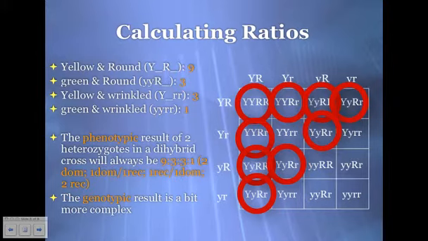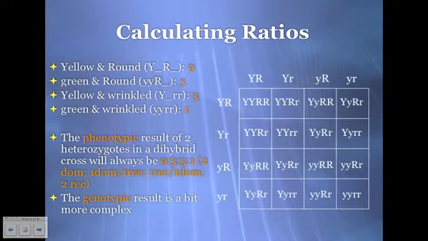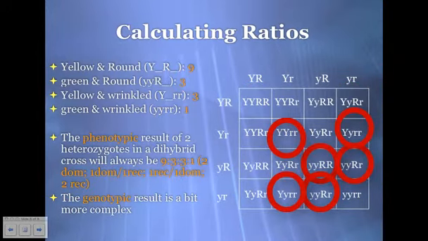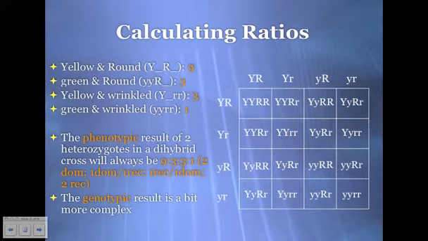The next 2 phenotypes, green and round and yellow and wrinkled, both show 3 boxes with genotypes that fit that requirement. And finally, the box all the way at the bottom right represents the 1 individual, or 1 out of 16 chance, of ending up with a green and wrinkled offspring from the initial parent cross.